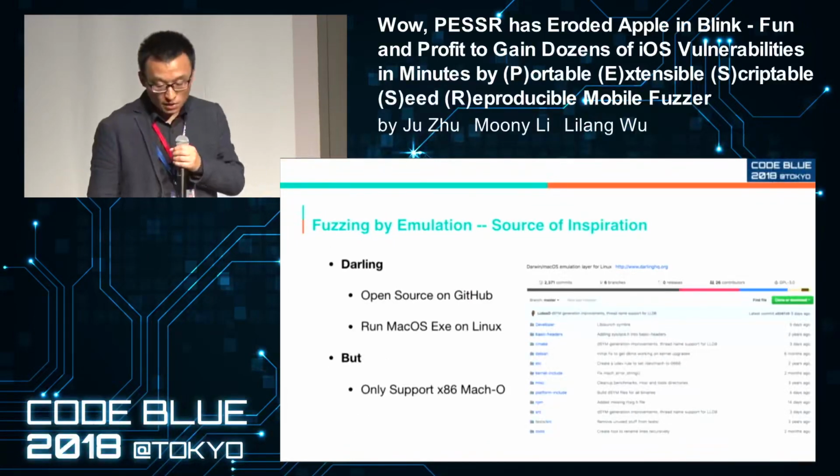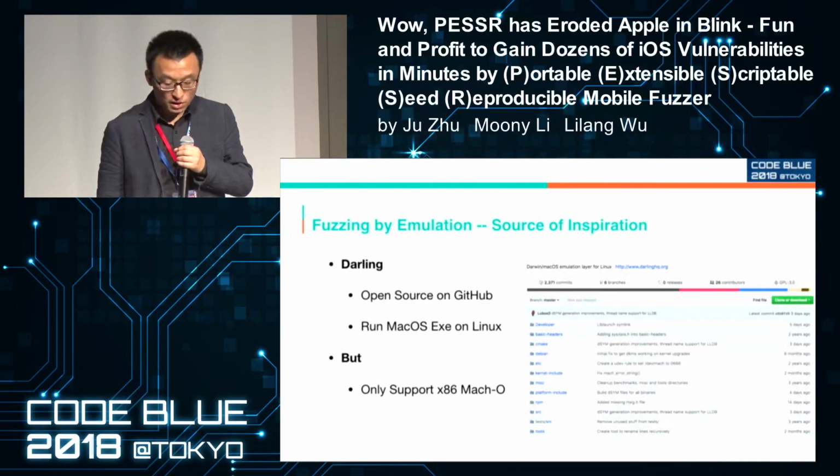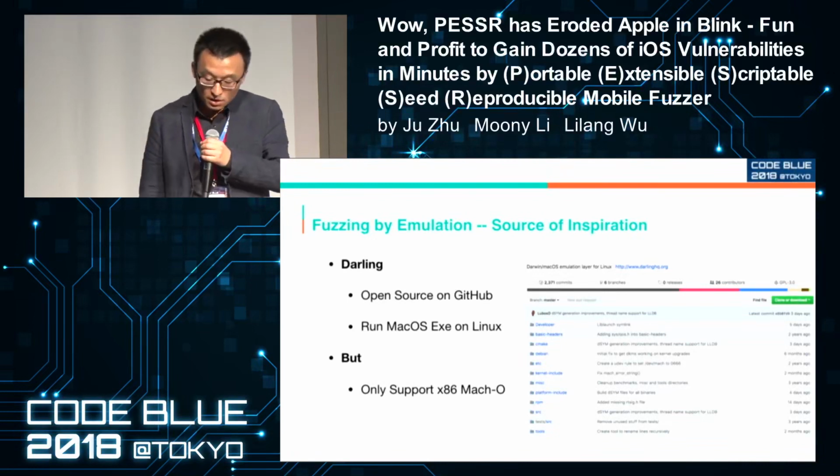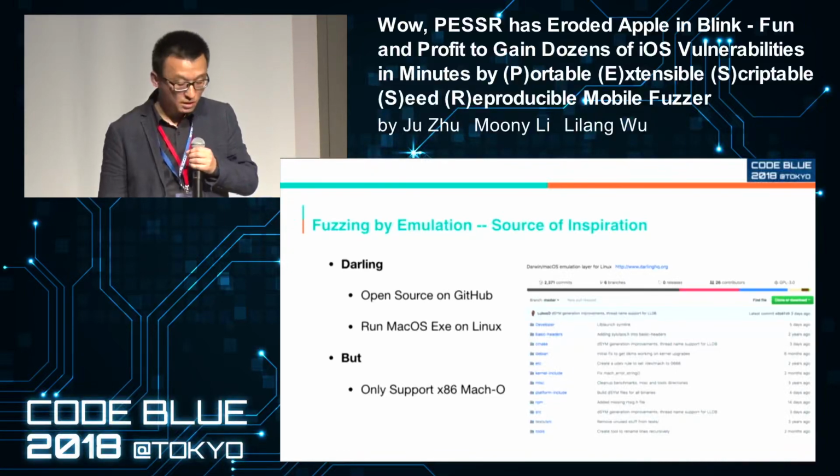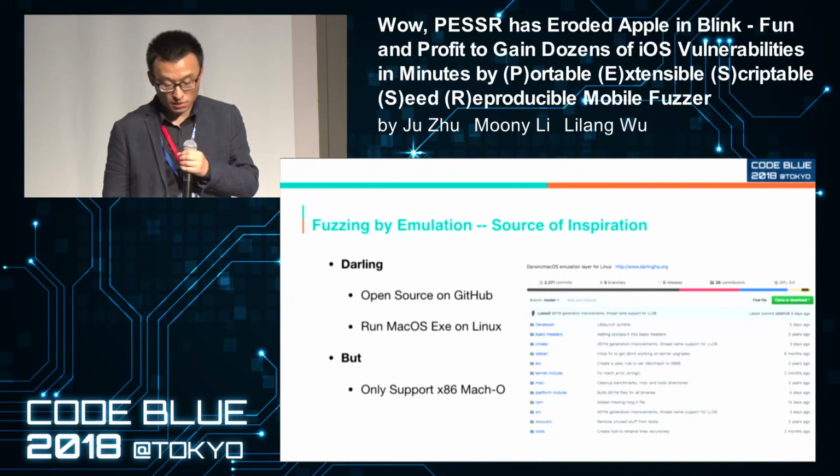In fact, there is already a similar open source project on GitHub. Darling is a translation layer that allows you to run unmodified macOS binaries on Linux. In its nature, it is similar to the Windows Wine project.